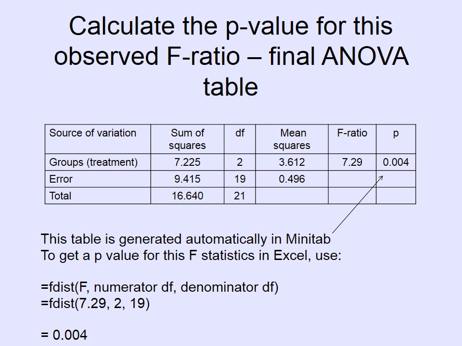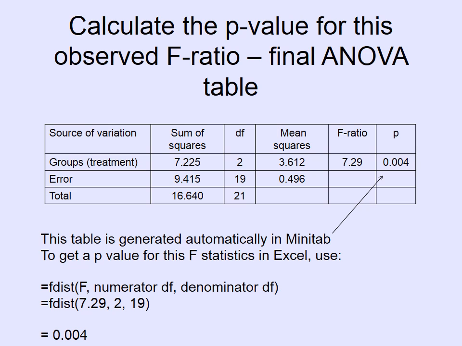If we're doing it by hand in Excel and we've gotten all these sum of squares, degrees of freedom, and mean squares, which if we have time we're going to do, then in Excel we can get the p-value for that F statistic using the FDIST formula, where we have the F value we got, the F statistic, the numerator degrees of freedom, and the denominator degrees of freedom.